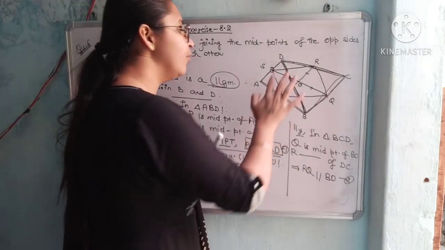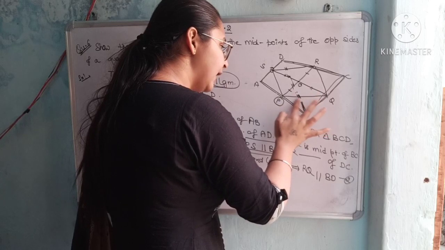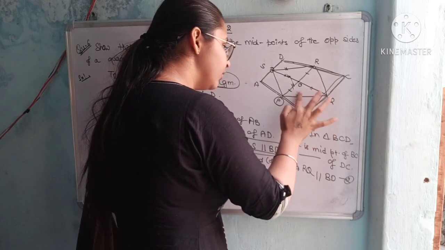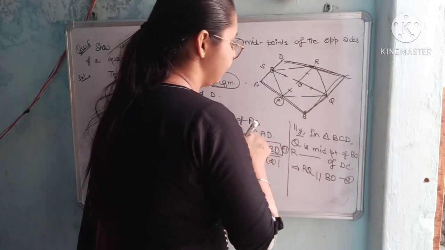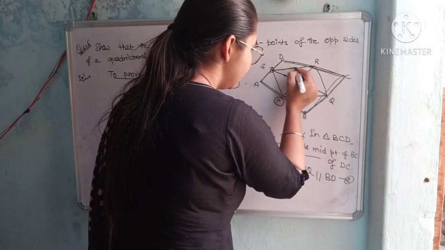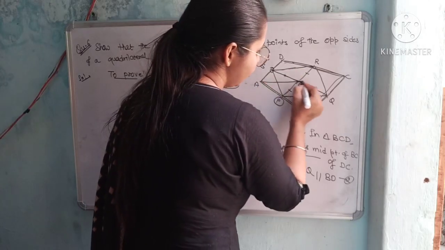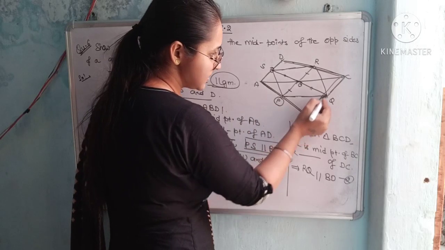Now I know that you can easily prove that the other pair of sides of quadrilateral PQRS will be parallel. How? You can join AC. If you join AC, then see this triangle ABC.